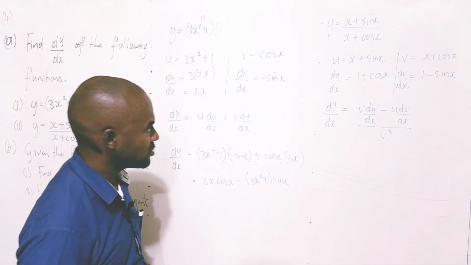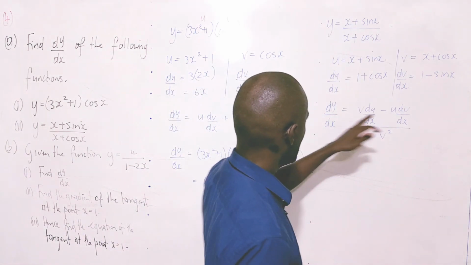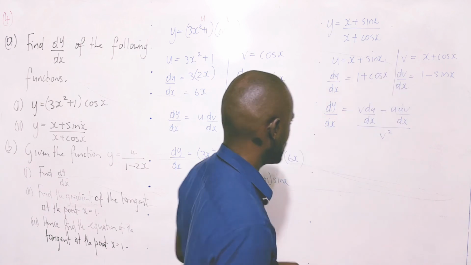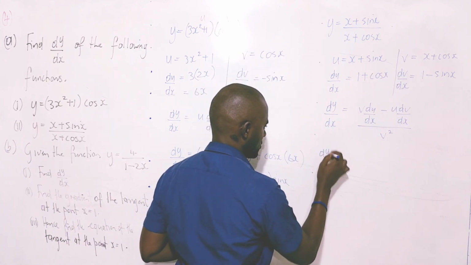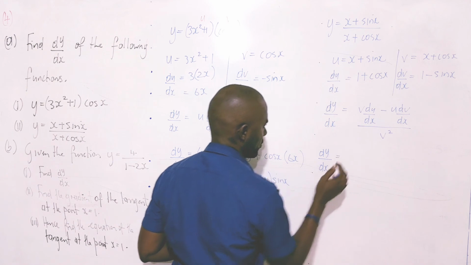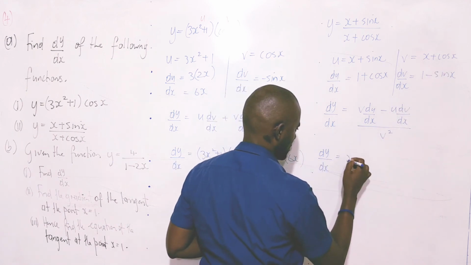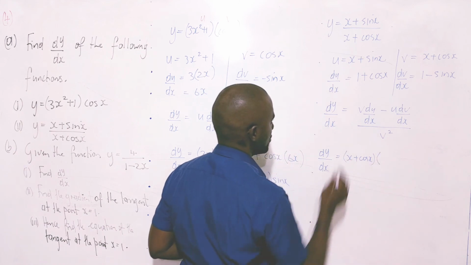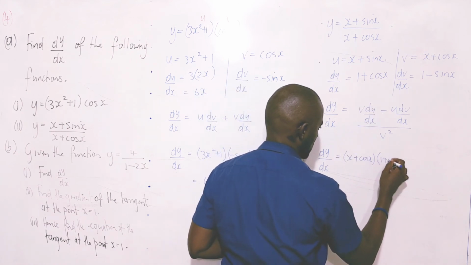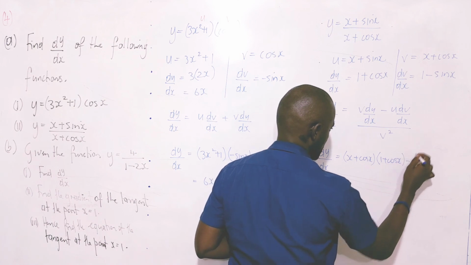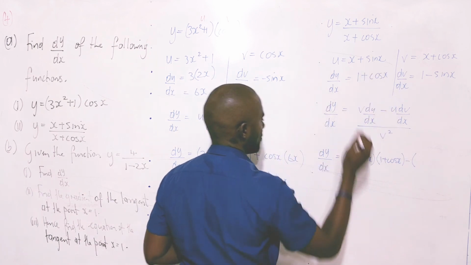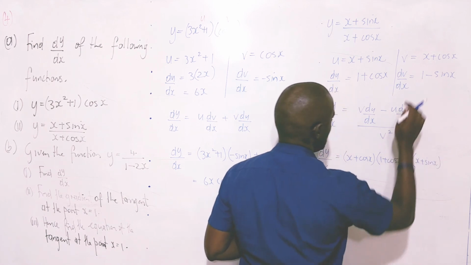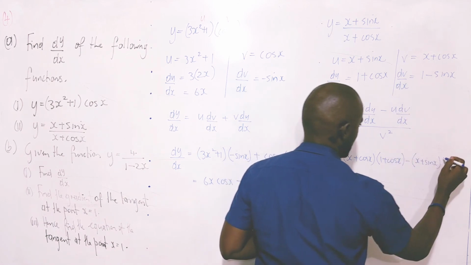Alright, so let's continue. So we're going to then substitute. We know what v is, we know what du by dx is, likewise dv by dx and u. So this gives us dy by dx is equal to v, which is x plus cos x, times du by dx, which is 1 plus cos x, minus u, which is x plus sine x, times dv by dx, which is 1 minus sine x.